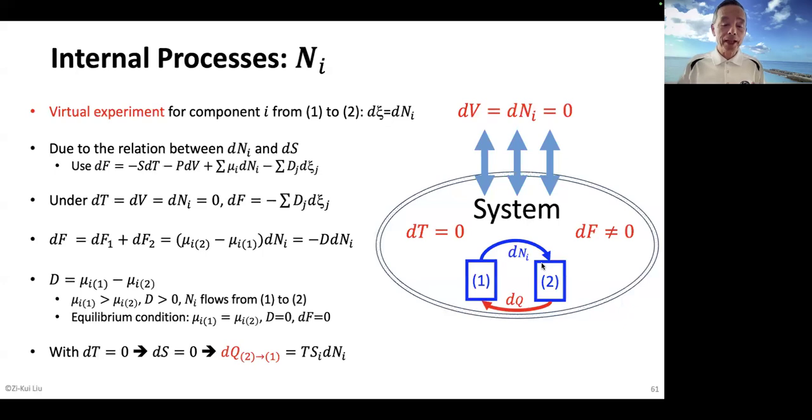So there must be heat transfer from region 2 to region 1 to balance the entropy change due to the mass transport. That means a reverse heat transport from region 2 to region 1. So the entropy of the system is the same everywhere, and the temperature is the same everywhere.